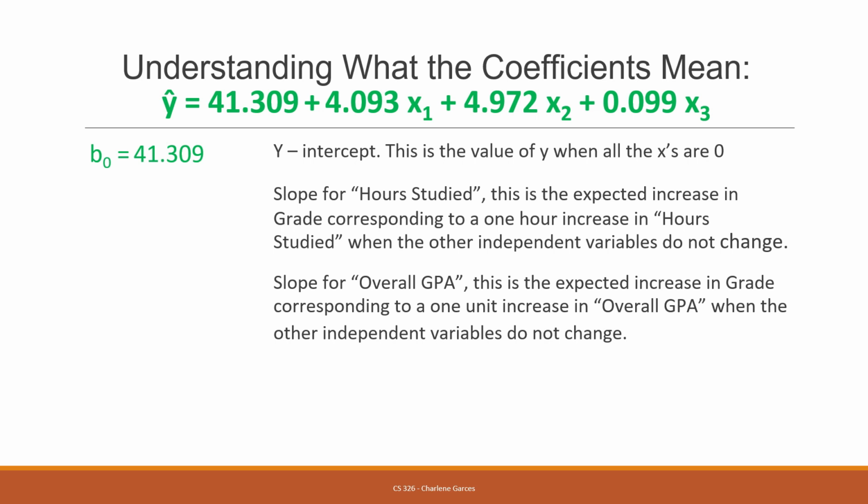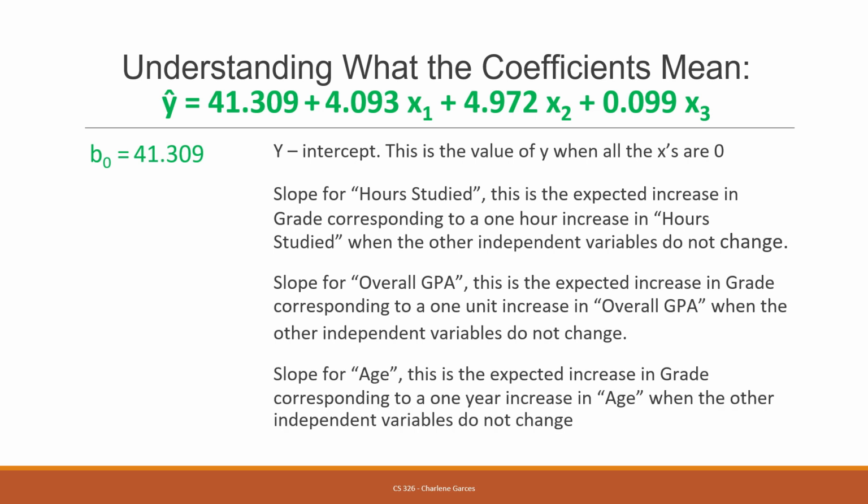after making the model. So we also have the slope for overall GPA. This is the expected increase in grade corresponding to a one-unit increase in overall GPA when the other independent variables do not change. Now, the slope for age, this is the expected increase in grade corresponding to a 1-year increase in age when the other independent variables do not change.